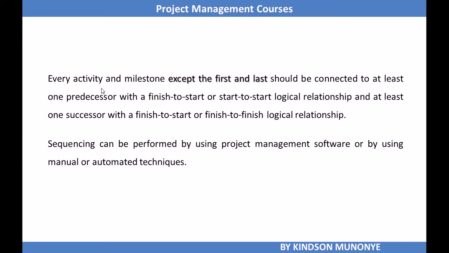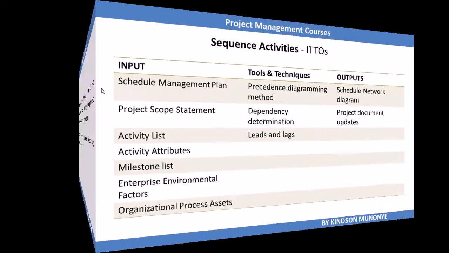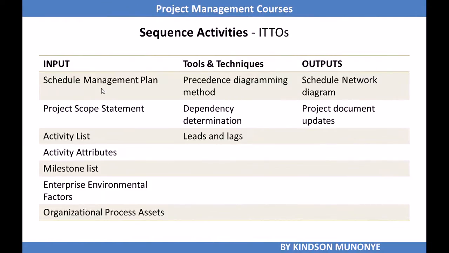Sequencing can be performed by using project management software or by using manual or automated techniques. Let's now take a look at the inputs, tools and techniques and outputs of sequence activities. For the input we have the schedule management plan, the project scope statement, the activity list, activity attributes and milestone list, enterprise environmental factors and organizational process assets.